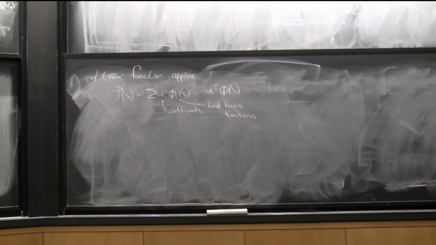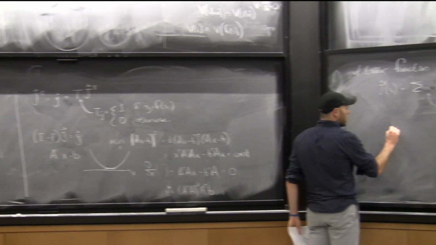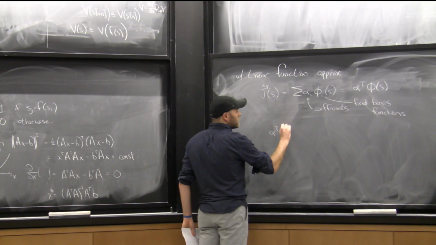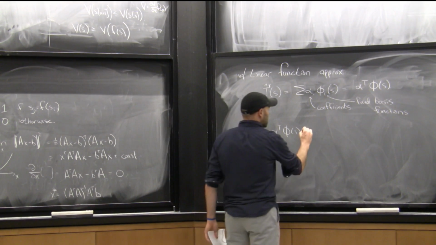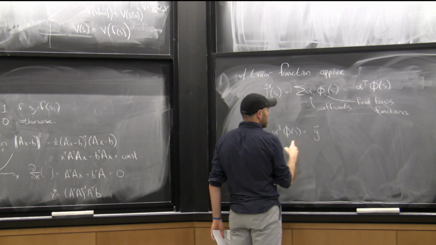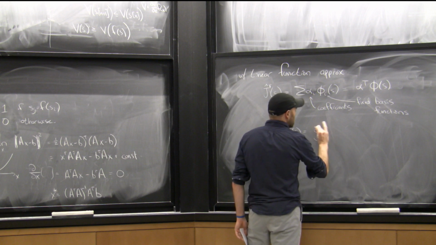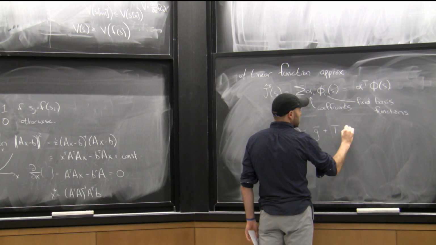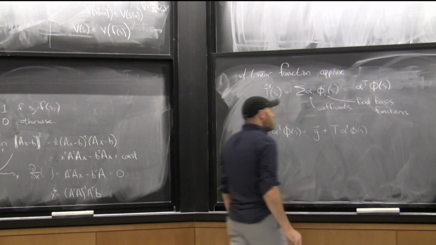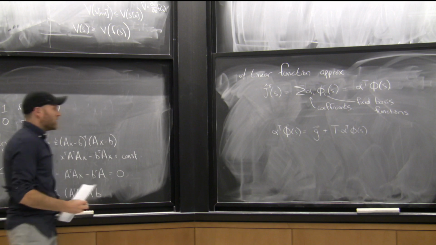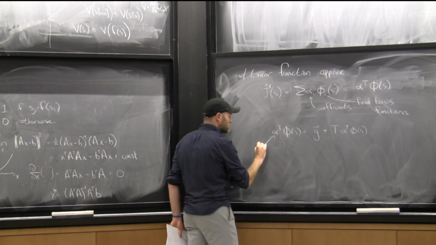The cool thing is I can do exactly the same thing right here. If I were to just put in now alpha transpose phi of S equals G, maybe we have to do this. This is a vector for every possible S, equals G plus T alpha transpose phi of S. I could shove the T around if I need to, but this is still linear in alpha.